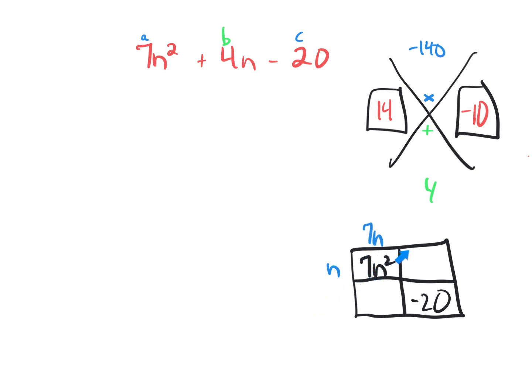What we put here and here have to multiply to give us negative 20, but we'll use our answers to the x model to put in these empty spaces. But we'll attach the variable n to them. So the 14 will become 14n, and the negative 10 will become negative 10n. And then we have to ask, what would we multiply here in blue by 7n to get 14n? And that would be 2.